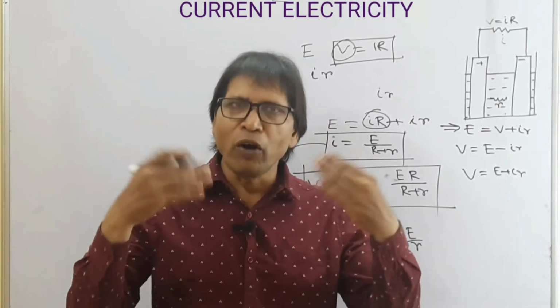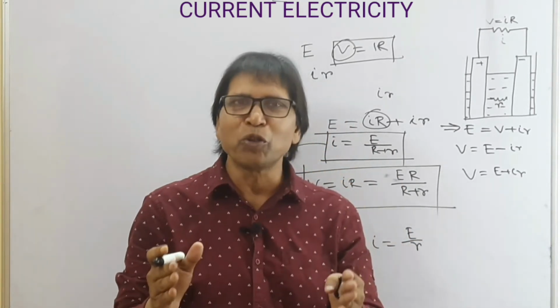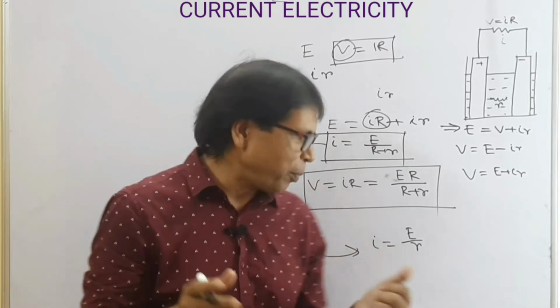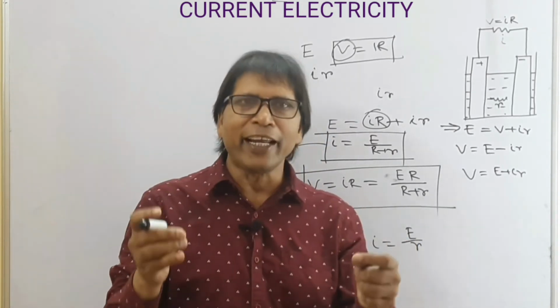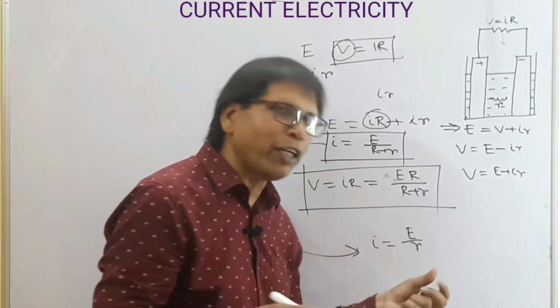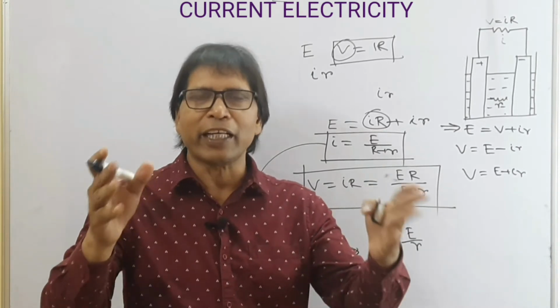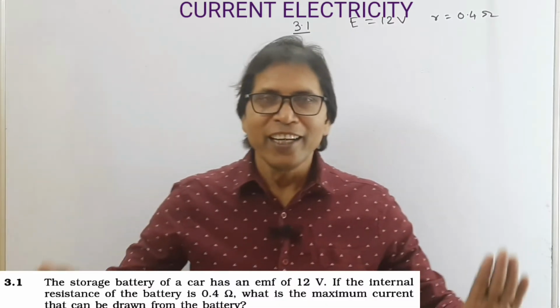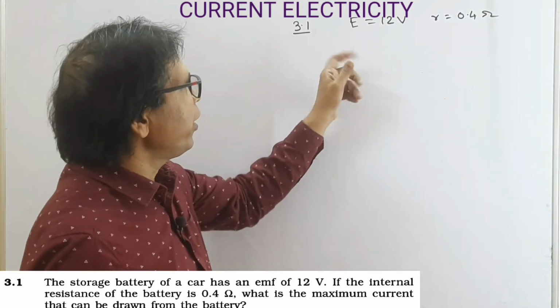For a large voltage supply, the internal resistance of the supply should be large, because if internal resistance is very small, then accidentally if the battery is short circuited, a large current flows through the battery and an explosion may take place.